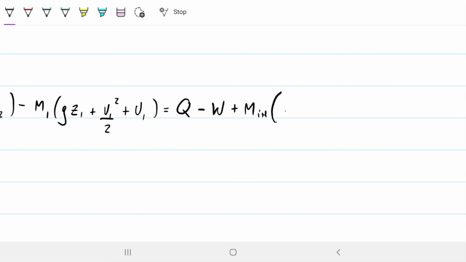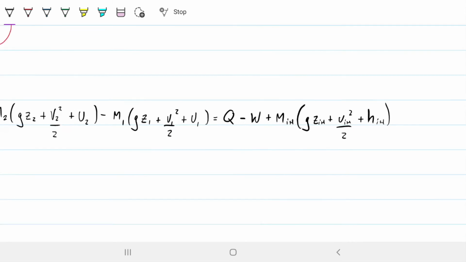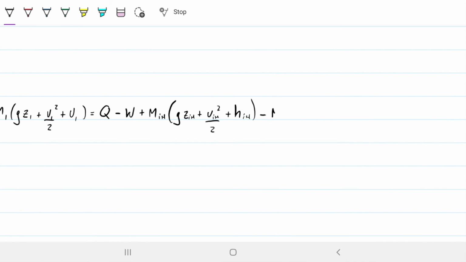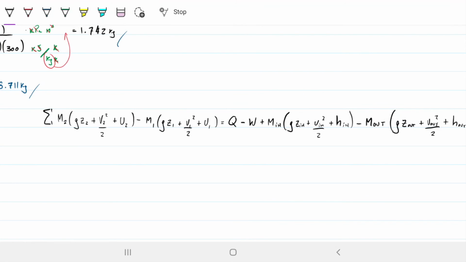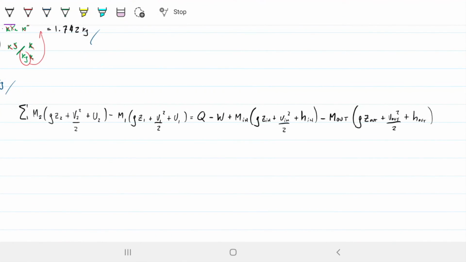So again, this same thing: g z in, velocity of what's going in divided by 2, enthalpy of what's going in because it's a flow, minus whatever's going out, right? Mass out, g height of the thing that's going out, the velocity of whatever's going out squared, and the enthalpy of whatever's going out. So you could write this whole thing, sum of everything. This is like the general equation.